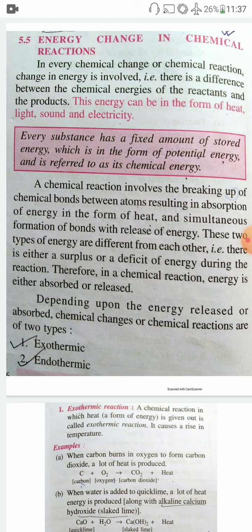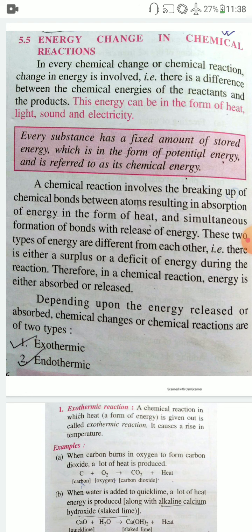We know that in any chemical change there is breaking of old bonds and formation of new bonds. To break old bonds, you should apply some amount of energy, and in the formation of new bonds there is a release of some amount of energy.